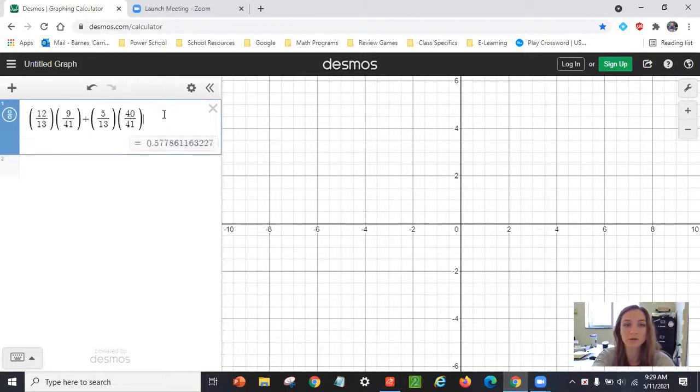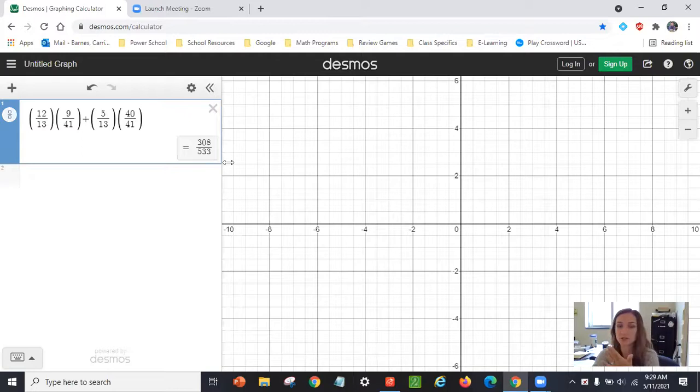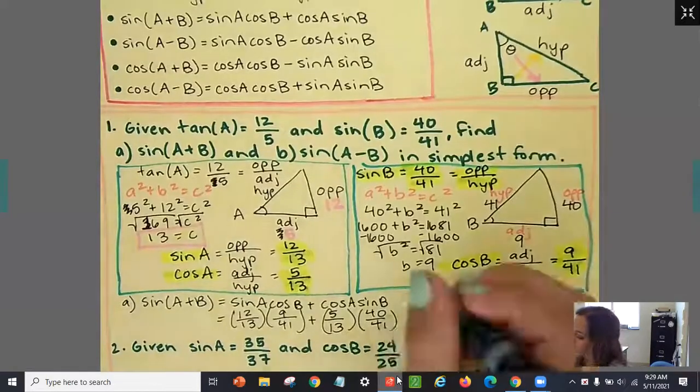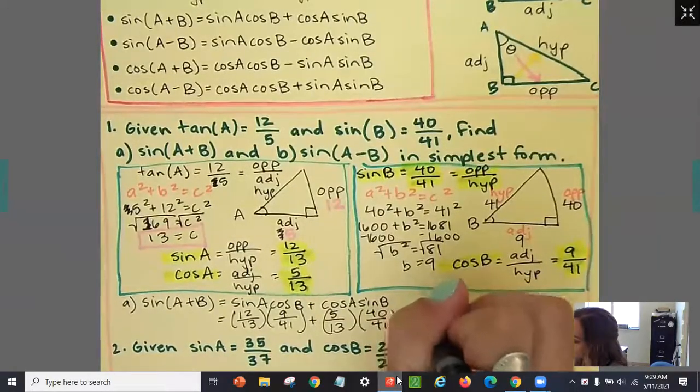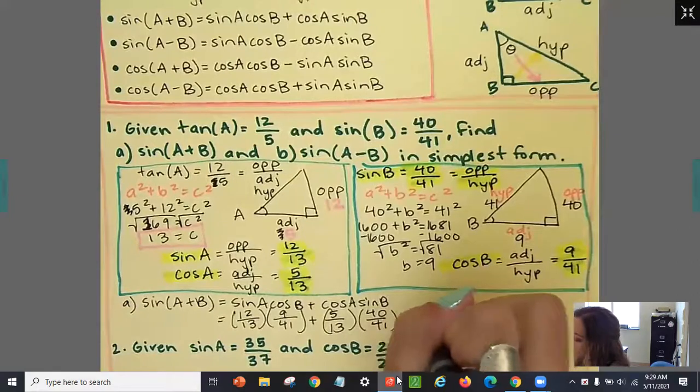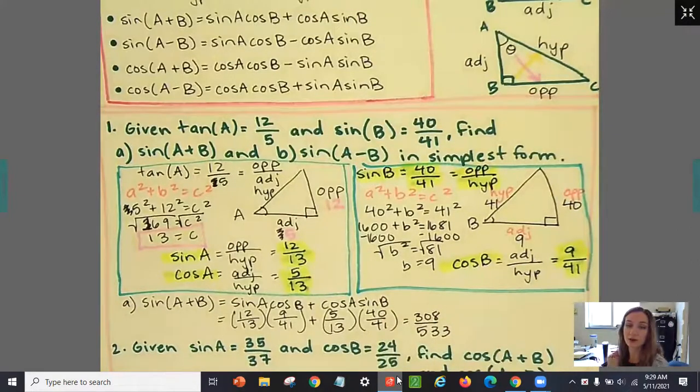You don't actually have to convert it to a fraction, but this is going to be 308 over 533. This is our sine of A plus B. So this is our first answer.